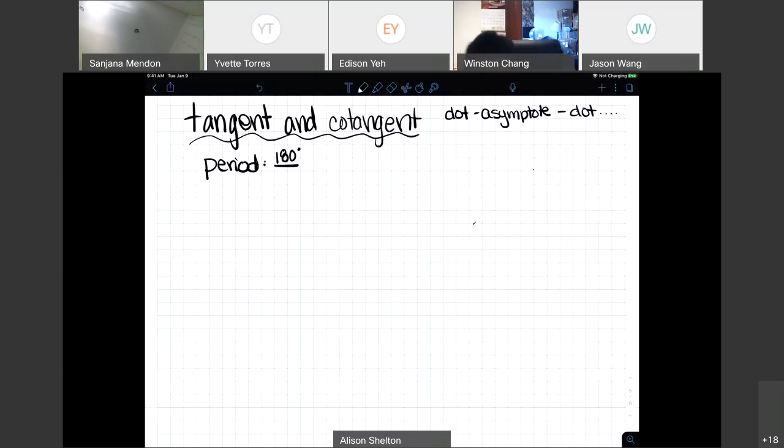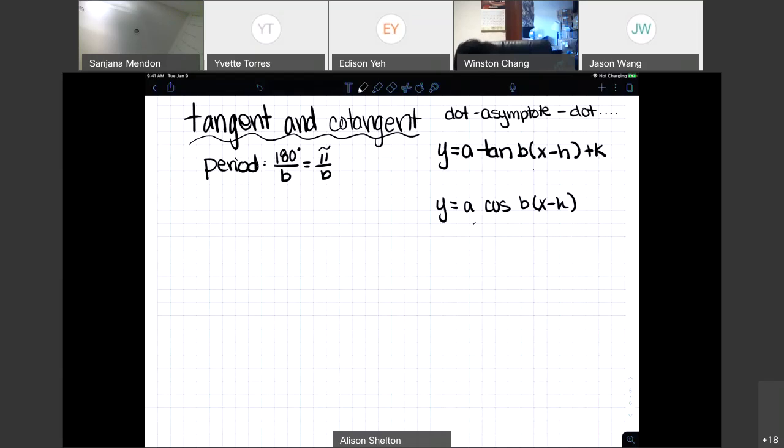Started talking about increments too fast. We weren't done talking about the period. So here the period's going to be 180 divided by b, or pi divided by b, where our generic graph is y equals a times the tangent of b times x minus h plus k, and y equals a times the cotangent of b times x minus h plus k.